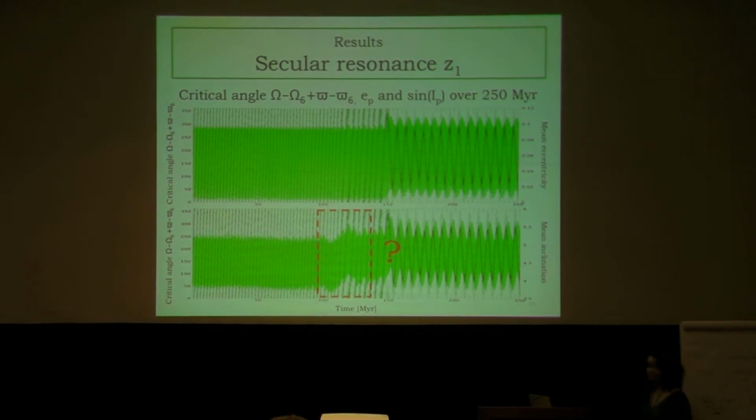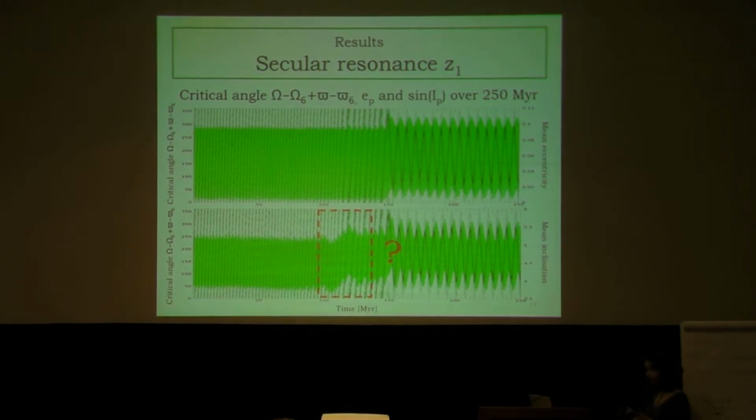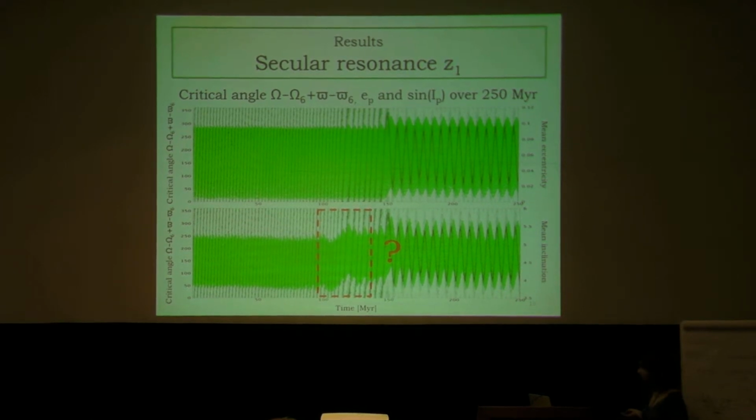So it would mean that something else is actually acting on the inclination of this particle and, more generally, of the members of this family, and that z1 may have only a second-hand effect on this diffusion.